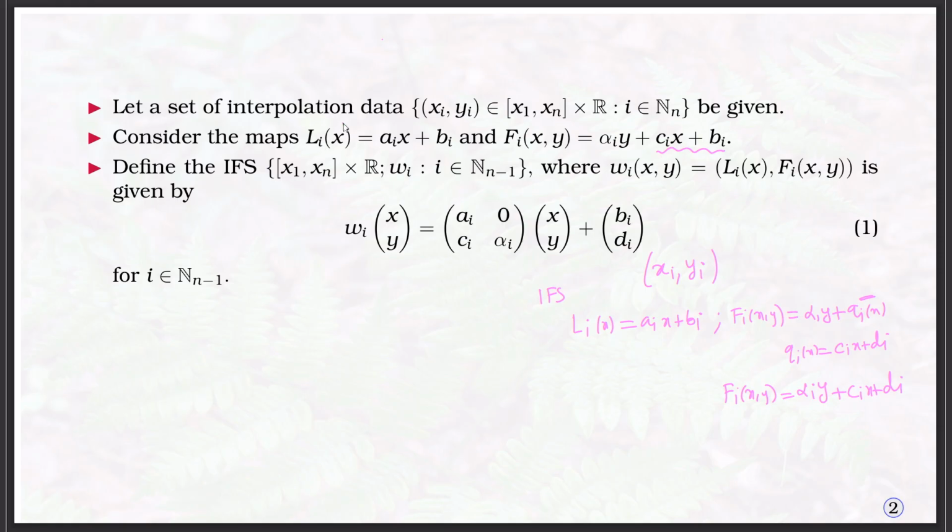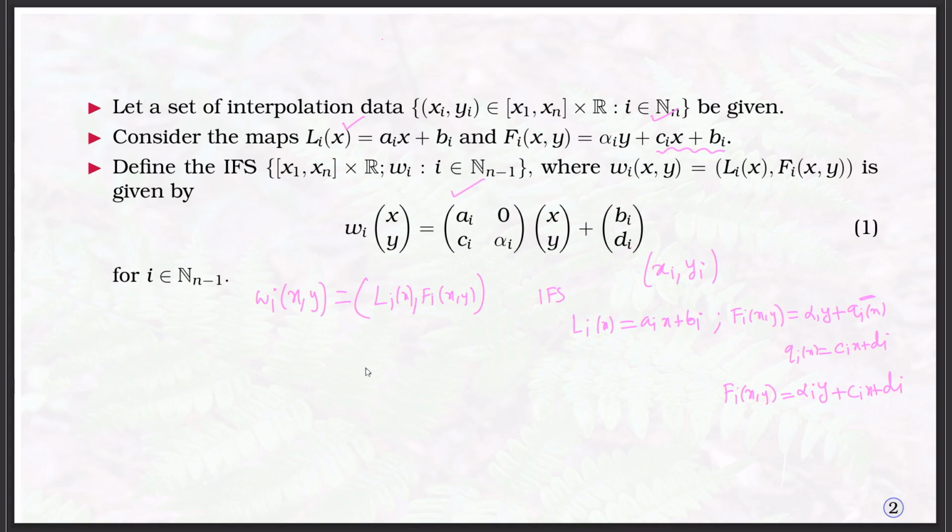So, this form we are going to discuss, how to find these constant values ai, bi and so on. Then the iterated function system wi of x comma y will consist of the mapping li of x and fi of x comma y. So, this can be given in the matrix form here.